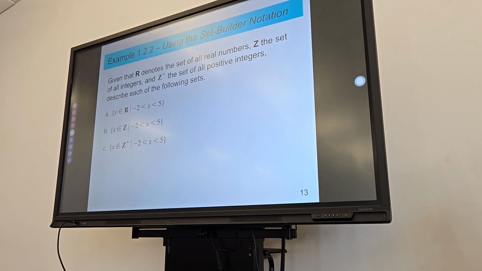So it's just a way of describing the set. I'm sorry? 0 is not a positive integer, so it would not be in the set described in C. Positive integers start at 1. Natural numbers start at 0. So, slight difference there.